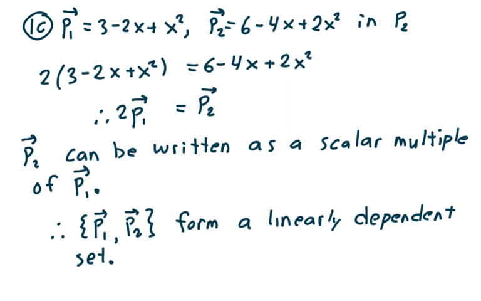I'm just applying the distributive property here. And so therefore, 2 times the vector P1 is equal to the vector P2. And so P2 can be written as a scalar multiple of P1. So the set containing vectors P1 and P2 form a linearly dependent set.